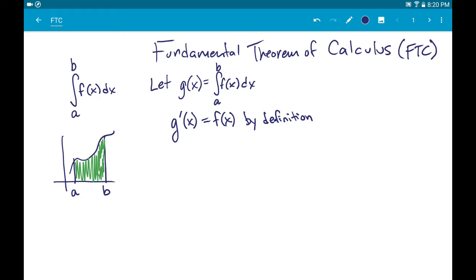Remember, you can think about this as if you look at this and you take the derivative of both of these things. The derivative of an integral is going to take you back to the original function. And so we can say that g prime is equal to the argument here.